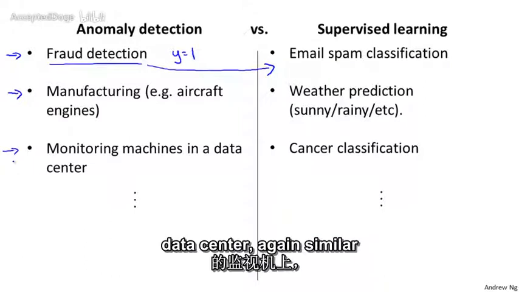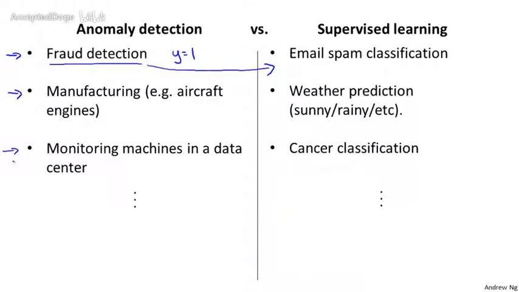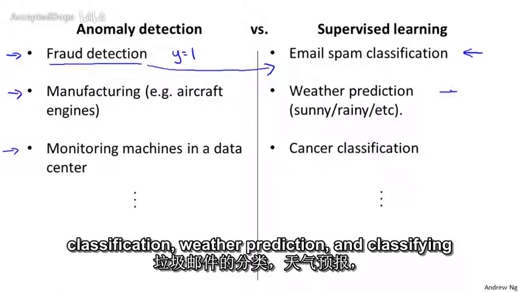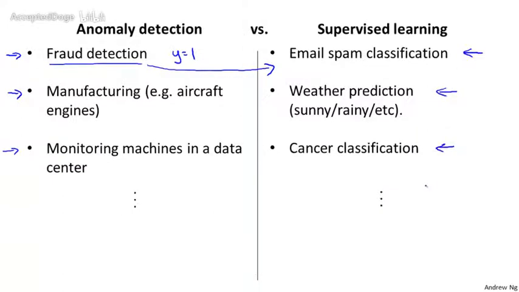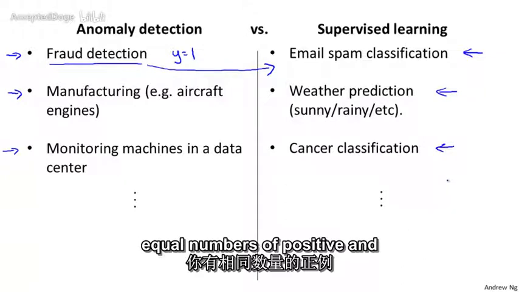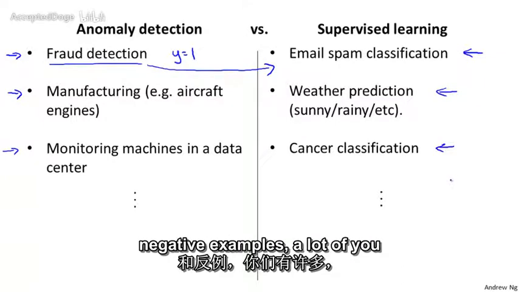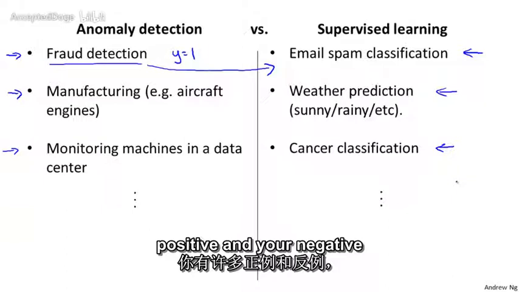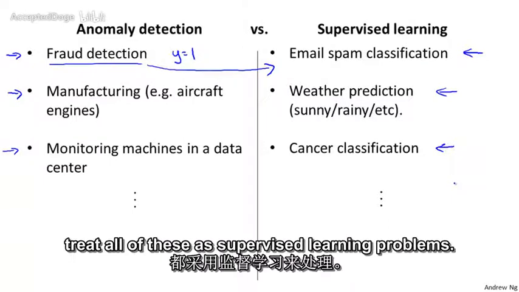Monitoring machines in a data center, again, similar sorts of arguments apply. Whereas email spam classification, weather prediction, and classifying cancers, if you have equal numbers of positive and negative examples, or if you have many examples of your positive and your negative examples, then we would tend to treat all of these as supervised learning problems.